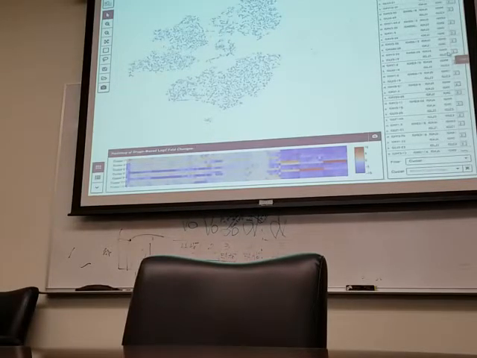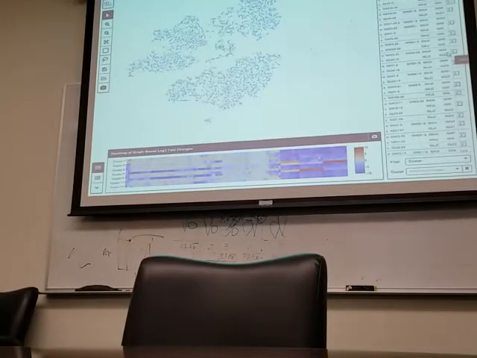I would guess part of that explanation might be that you don't have sorted cells and they could be overwhelmed by naive cells, because I know that when we do sorts, we've done subsets of memory cells, plasmablasts, double negatives, things like that. When we have the naive cells, we get an order of magnitude more cells that we sort from that. So I suspect you're not going to see huge clonal expansions unless you filter out the naive cells or do some kind of sort before.